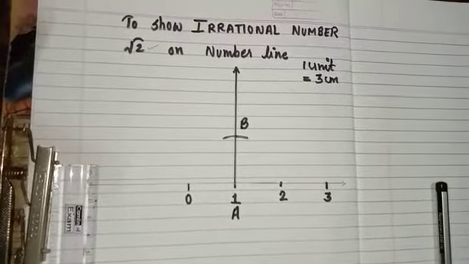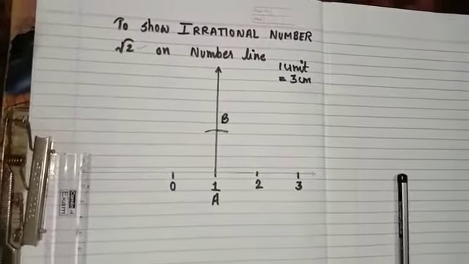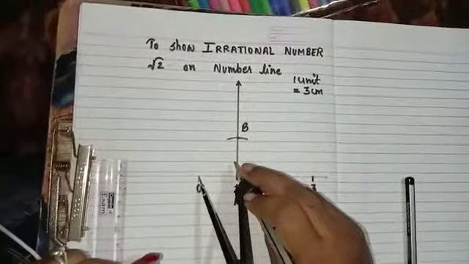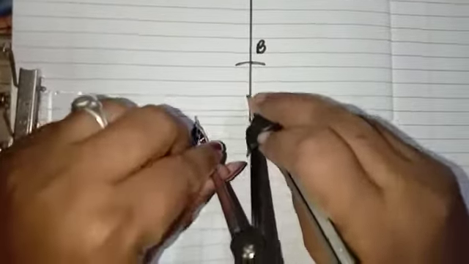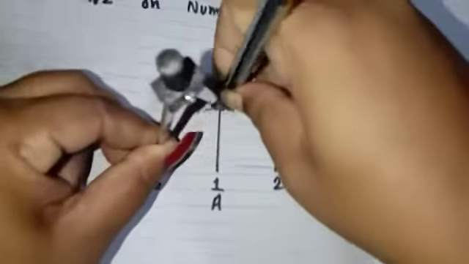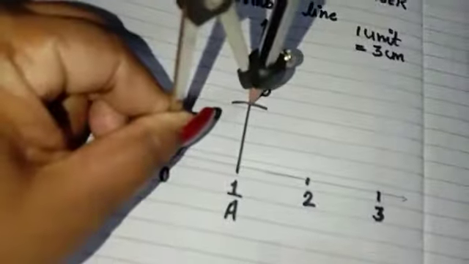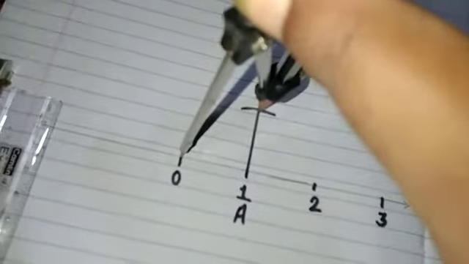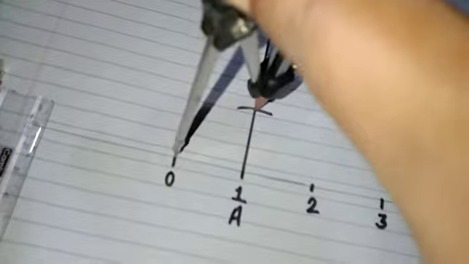After that, I will take the distance from 0 to B. You can see I have taken the distance from 0 to B. Now I keep the still point of the compass on 0 only and draw an arc on this line.